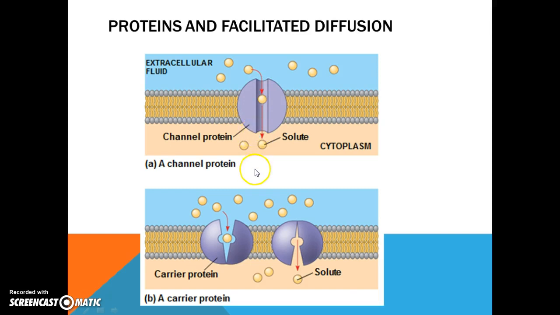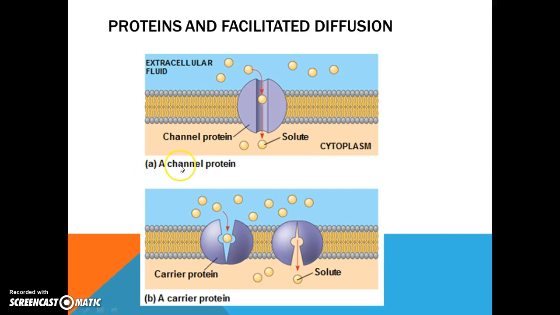And the second one would be a carrier protein, which is a protein that helps things cross and in the process changes shape. And we can see here that it clearly has changed shape to allow this to cross. Quite modest with the change of shape. It's a bit more intensive than that, but this sort of illustrates the idea.